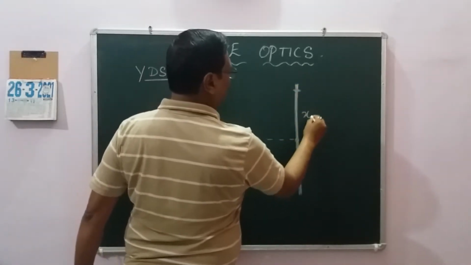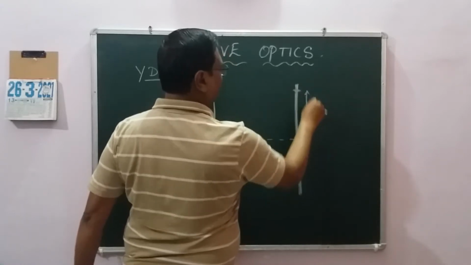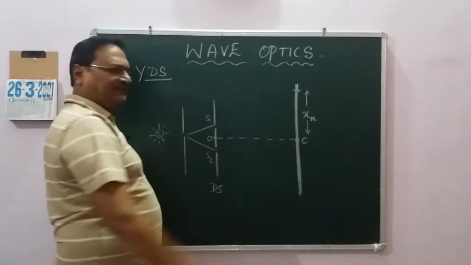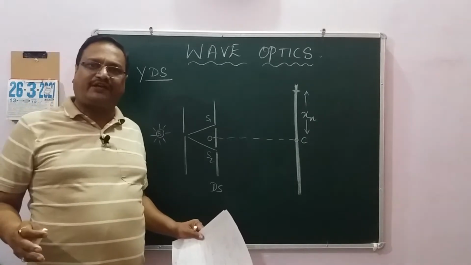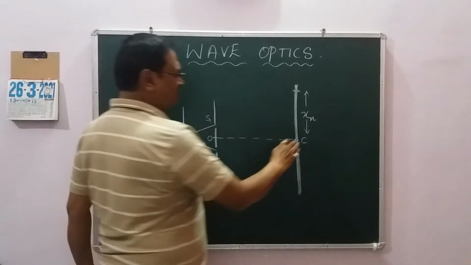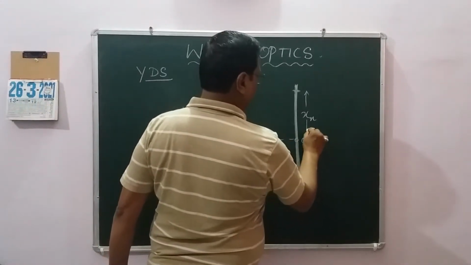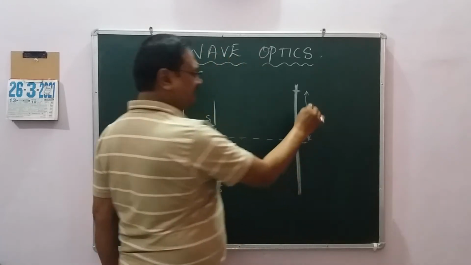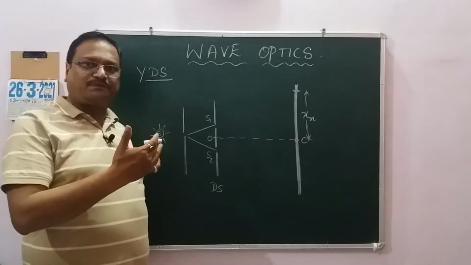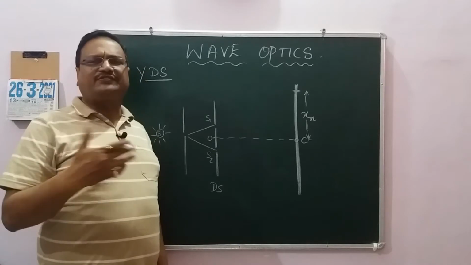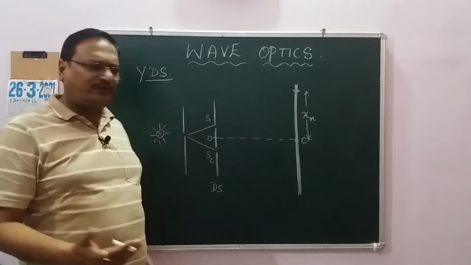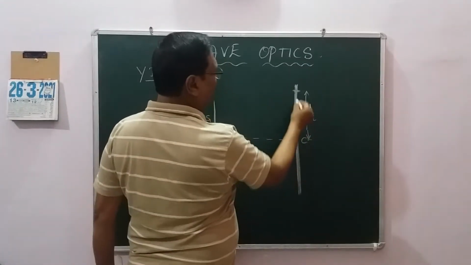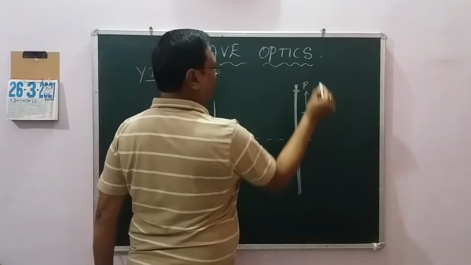The distance from here is xn, let us say. These are all going to happen in only centimeters, not so large distances. So this distance we are going to call xn, the nth fringe, maybe the fifth fringe, sixth fringe, eighth fringe, 10th fringe from the central maximum. This point is P.